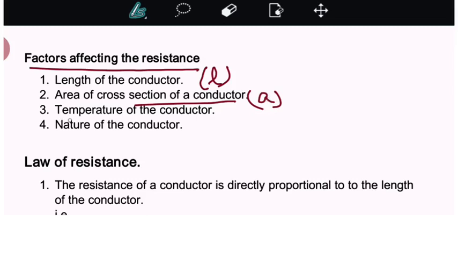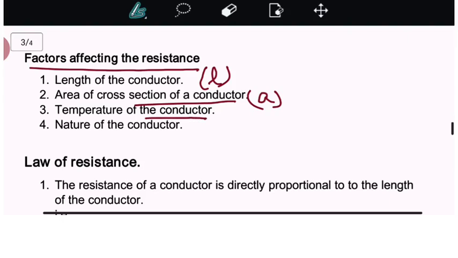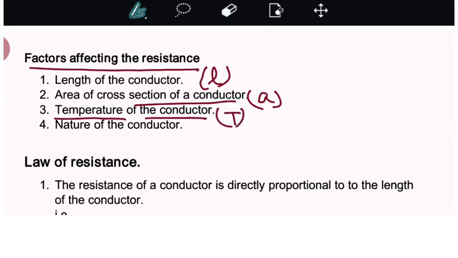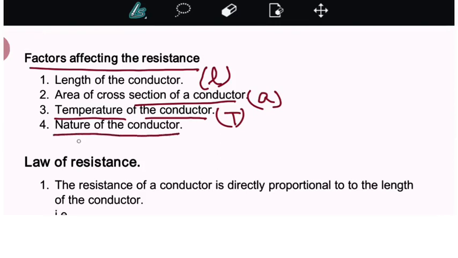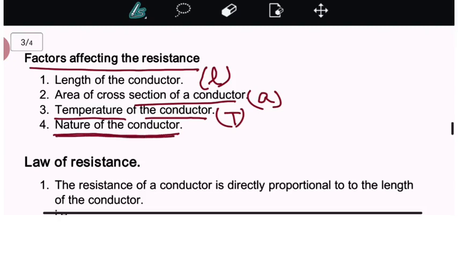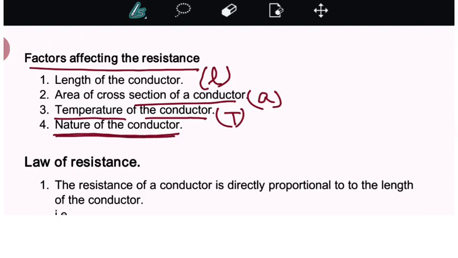Another factor is the temperature of the conductor, indicated by capital T, the absolute temperature in Kelvin. And the fourth factor is the nature of the conductor, means different metals or substances have different properties to conduct electricity.